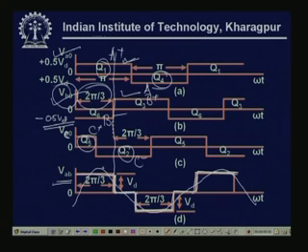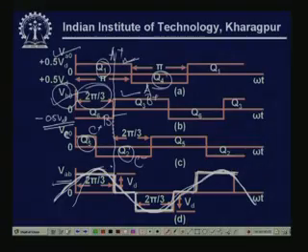If you only see the fundamental, then you can think that you are applying a sinusoid of this type, but you are also applying other harmonics, and harmonics create problems in the sense that they create heating, because the magnetic losses increase, and they also create spurious harmonic torques on the machine, high frequency torques. So harmonics are to be avoided, and this is in fact one of the drawbacks of this inverter, that you get more harmonics.